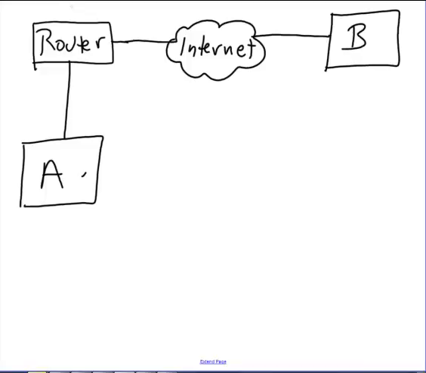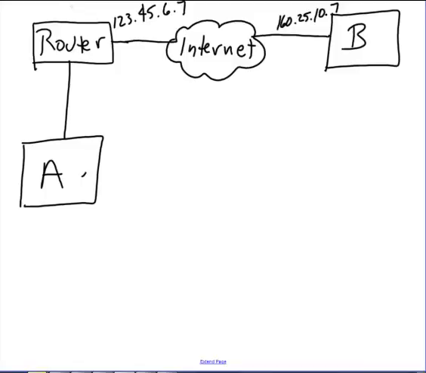So we're going from point A to point B. This router actually has 2 network cards. And we'll say one of them has a globally routable internet address. And we'll say for B it's got that, which is also a globally routable internet address.